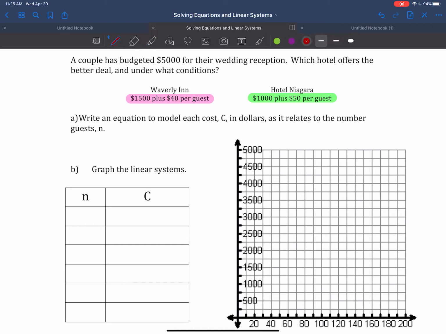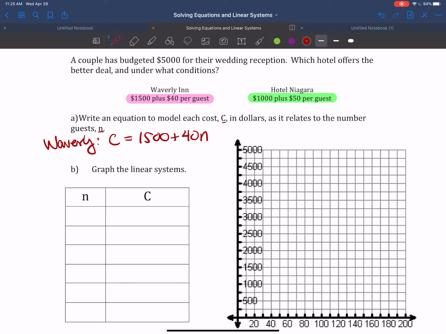Let's first talk about Waverly Inn. So if we're talking about the cost in dollars and n guests, the cost for Waverly is $1,500 plus $40 for every guest.